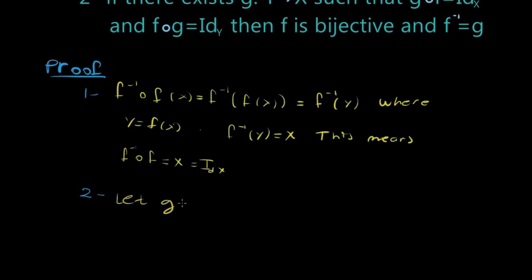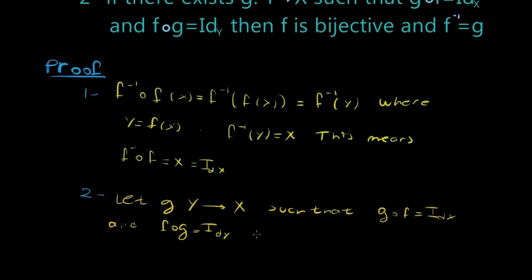Let g be a function from Y to X and verify what my hypothesis told me. So it verifies that g composed with f equals the identity in X, and f composed with g equals the identity in Y.